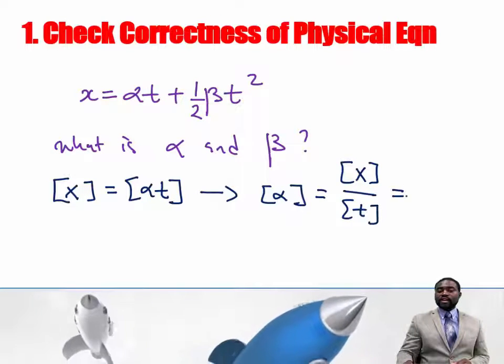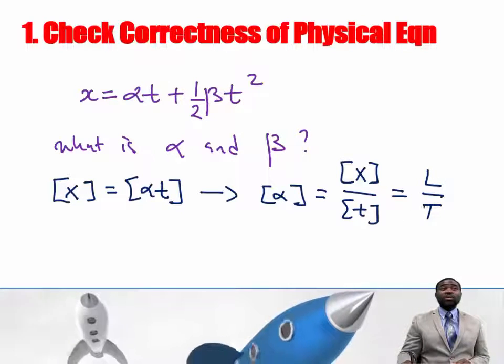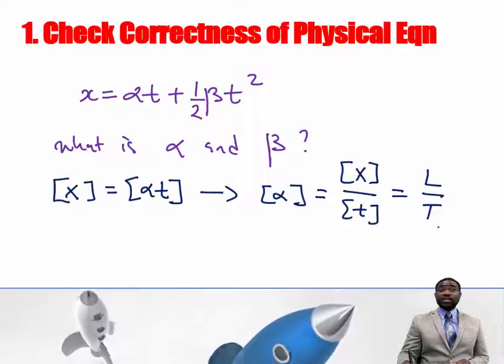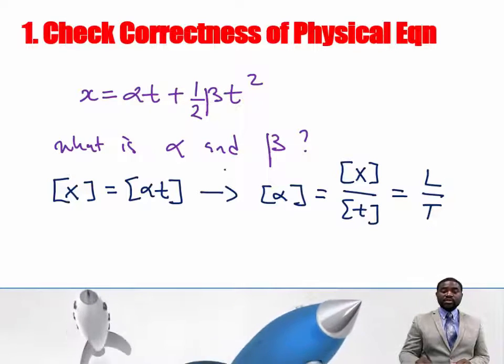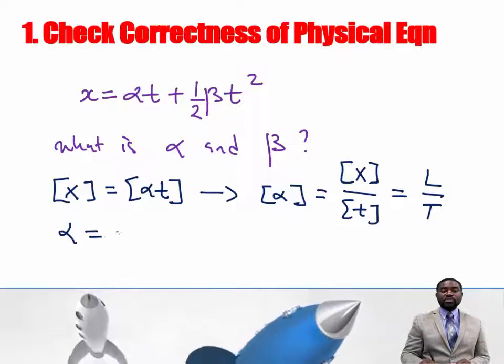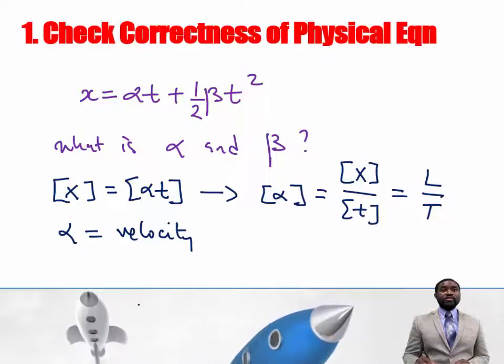The dimensions of x is L. The dimensions of t is capital T. What is the quantity that you've seen today with the dimensions L over T? Velocity. So alpha represents velocity. You see that, right?